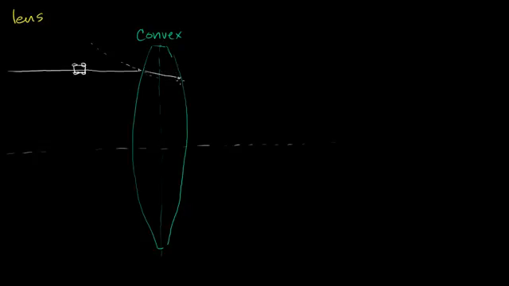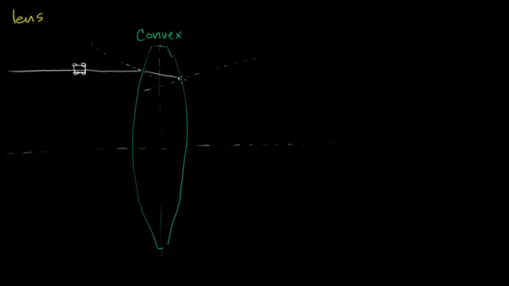And then once you get to this interface, now you're going to move into a faster medium, into the air again. And let me draw a perpendicular over here. And you can imagine that the left side of this ray is going to come out first.